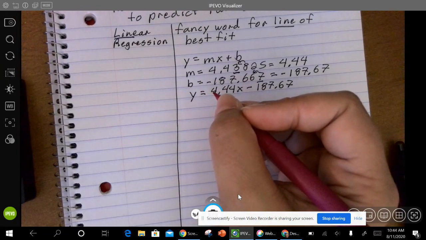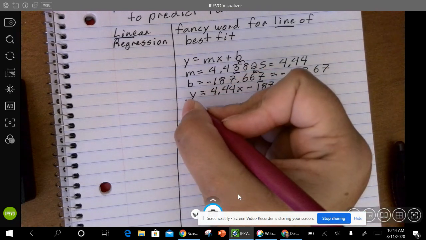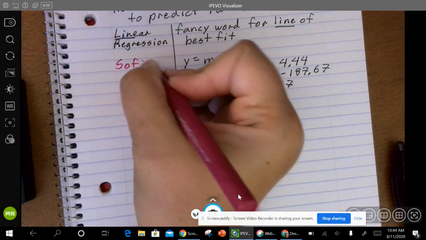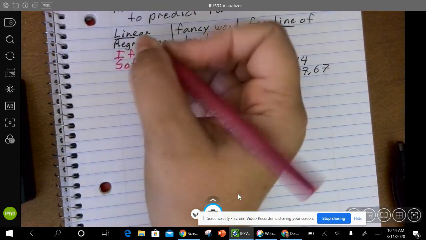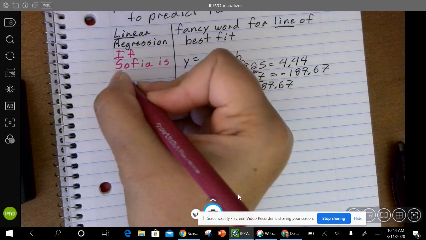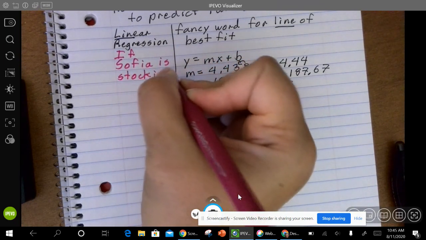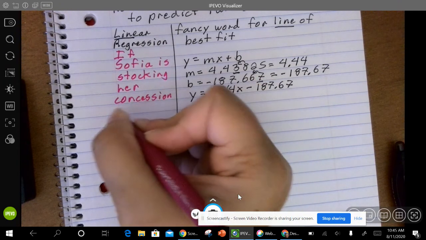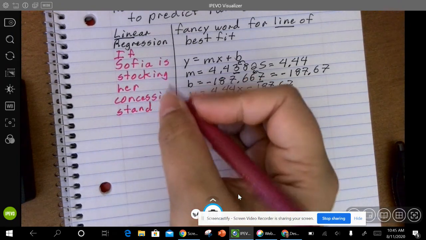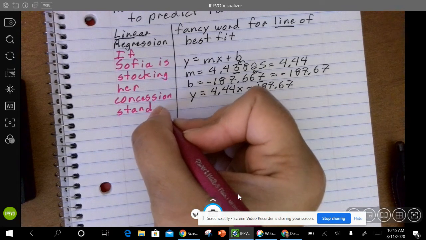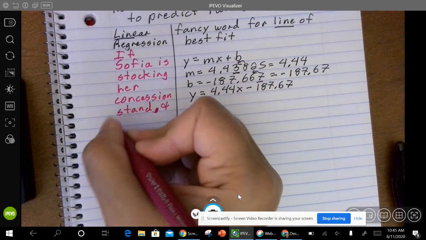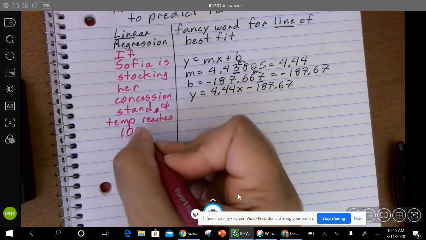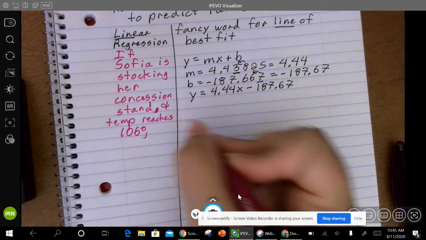So if Sophia is stocking her concession stand, and the temperature reaches 106 degrees, nice cool day for us right now, how many water bottles does she need?